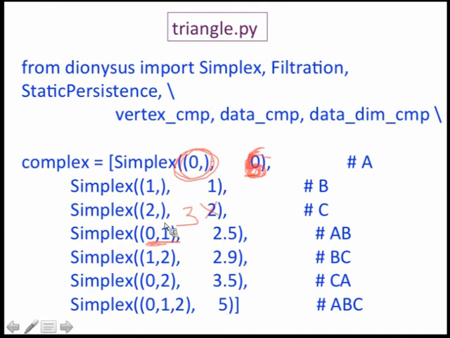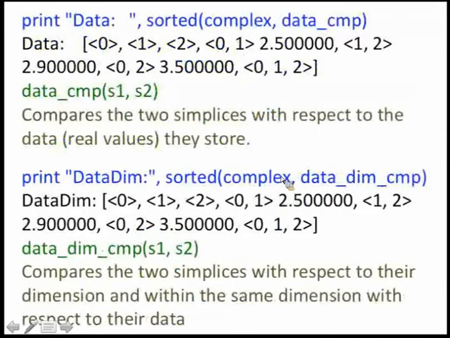It would have done all the vertices first, and then the edges, even if the 3 is greater than 2.5. So that's the difference between these two: this one will just take those real numbers and give you that ordering. This one will actually force the dimension to take precedence, so it will do vertices first, then edges, and then continue on with higher dimensional stuff. Questions there?